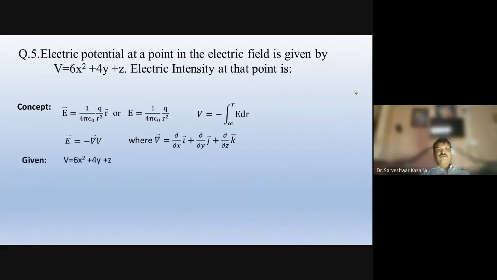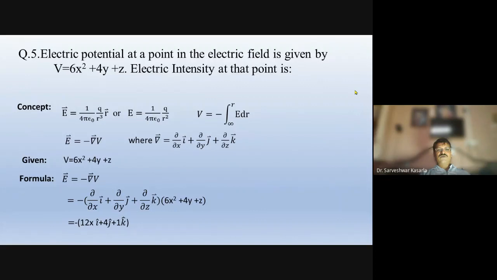Here V is a scalar quantity, 6x square plus 4y plus z. If you simply take the partial differentiation, that of 6x square is 12x, of 4y with respect to y is just 4, and of z with respect to z is 1.